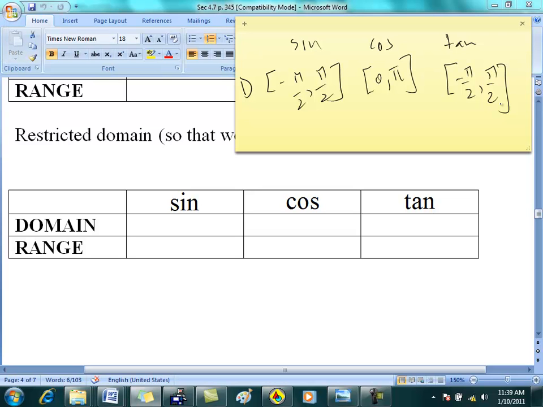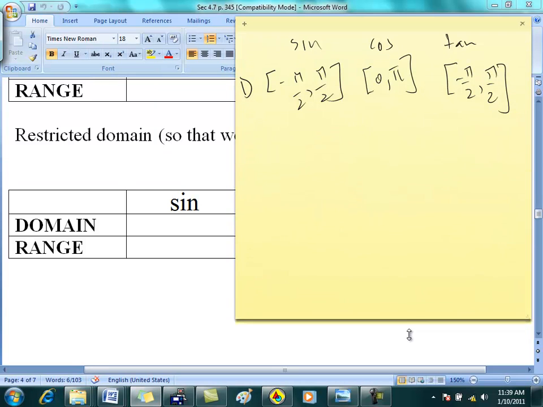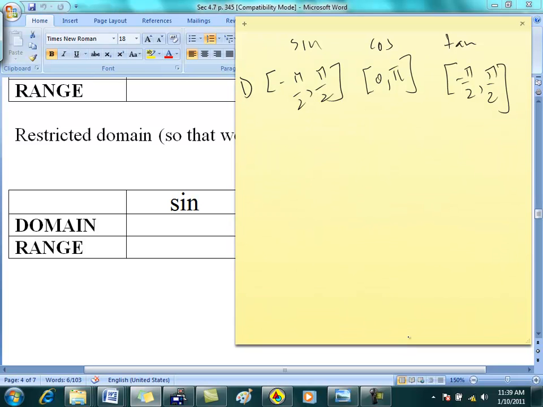Make sure you understand what this means. Now let me go back and review what an inverse really means, or what the original function means. Notice that you have sine of something. What's that thing called? It's always of an angle.